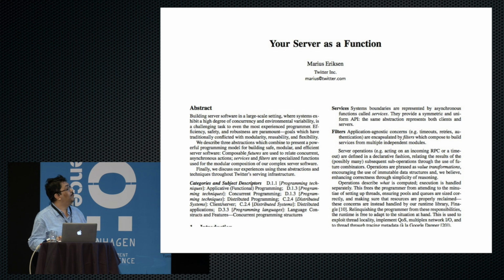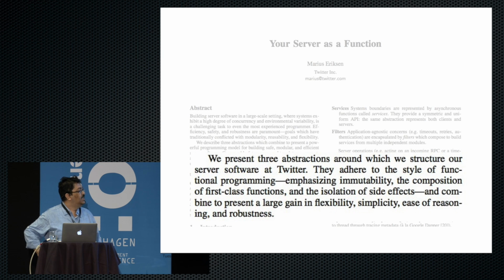Quite a few years back, Marius Eriksen of Twitter wrote this paper, Your Server as a Function. What he highlighted in this paper is that he identified 3 basic abstractions that happen to align beautifully with the style of functional programming. These 3 abstractions were the distilling parts of all the servers that Twitter implemented.